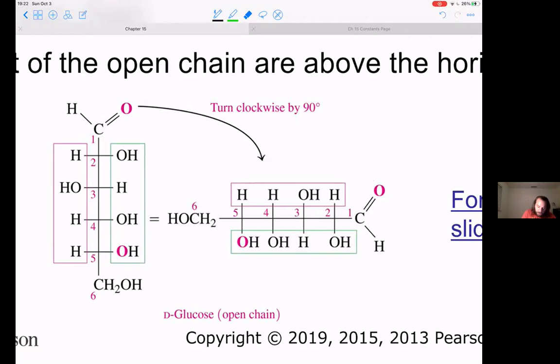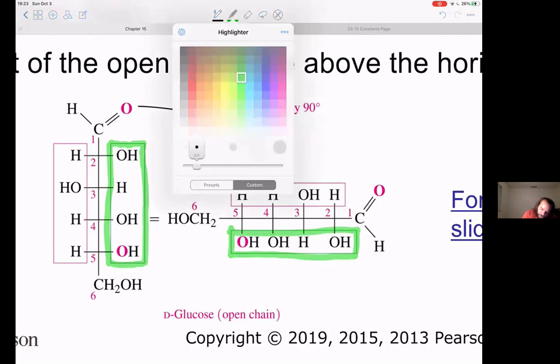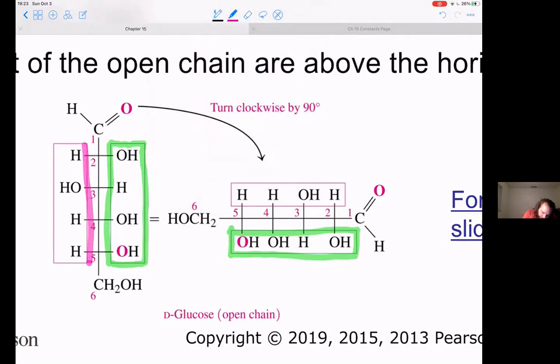Importantly, everything that was on the right is now on the bottom, and everything that was on the left is now on the top. All of our carbons still match. One of the differentiating factors with carbohydrates is the position of those hydroxyl groups and the hydrogens along that chain, so those need to match.